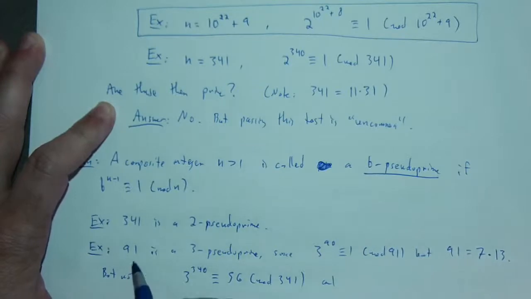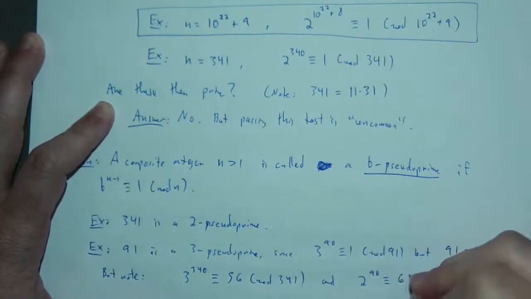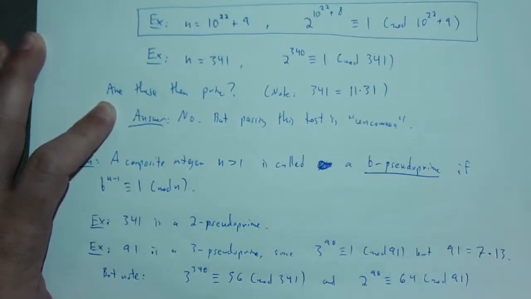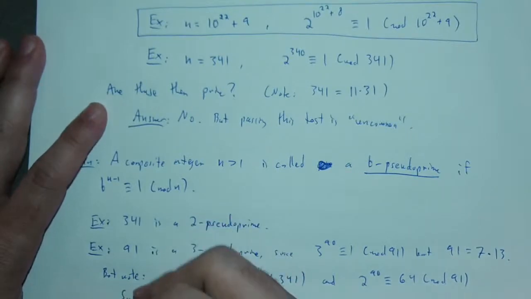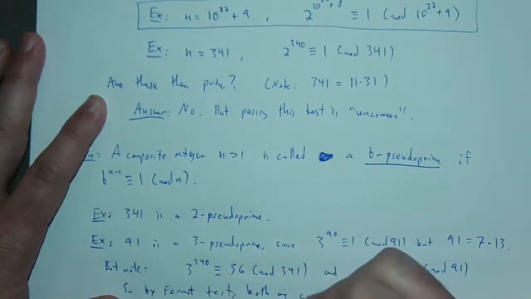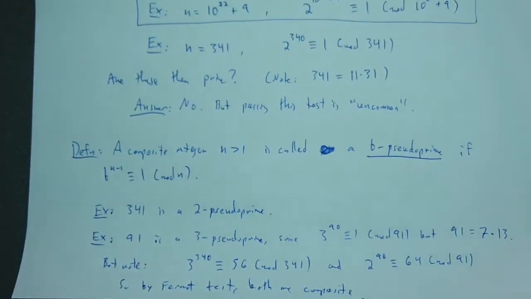And computing whether or not 91 is a 2 pseudoprime, 2 to the 90 is congruent to 64 mod 91. So by the Fermat test, both are composite. Okay, so this illustrates that 341 is a 2 pseudoprime, but it's not a 3 pseudoprime. 91 is a 3 pseudoprime, but it's not a 2 pseudoprime.